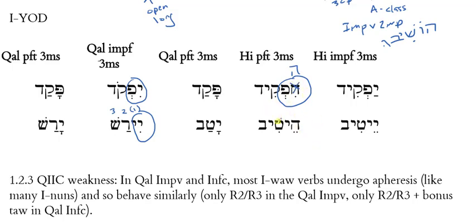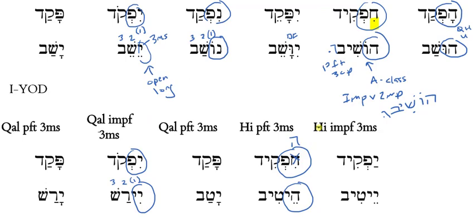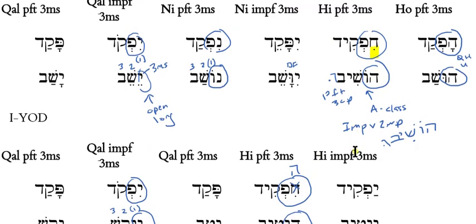And look over here. I have the same chireq Yod theme vowel, but my hey prefix is not taking a short vowel and a silent shva. Remember, these One-Yod and One-Vav verbs do not close the syllable, so I have an open and long vowel. What vowel class is tsere Yod? That's an A-class vowel, right? So just like we got over here, we got an A-class vowel for the Hifil perfect.